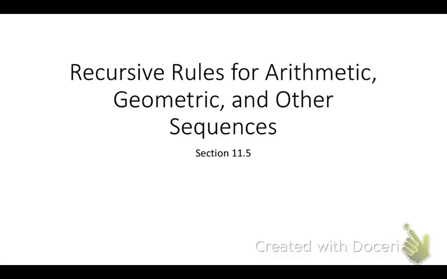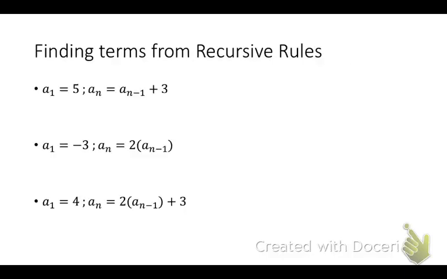So with recursive rules of arithmetic and geometric and then other sequences, we're going to use the first term. So if we want to know what the second term is, all we would do is plug in a 2, and we would have a sub 2 is equal to a sub 2 minus 1 plus 3.